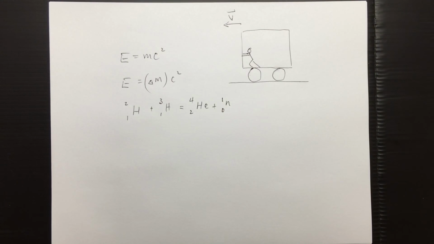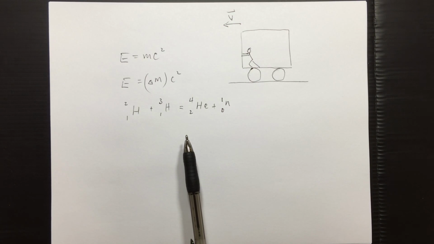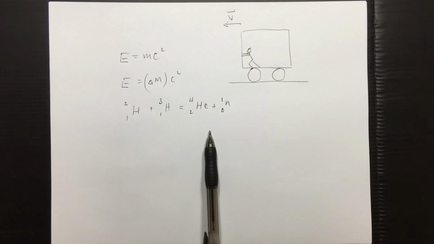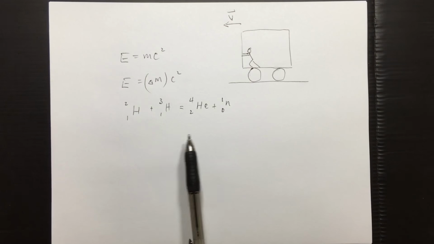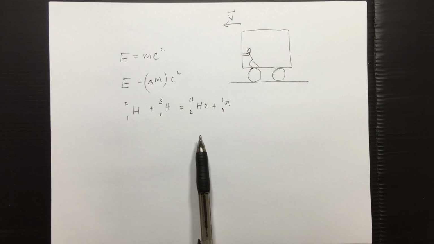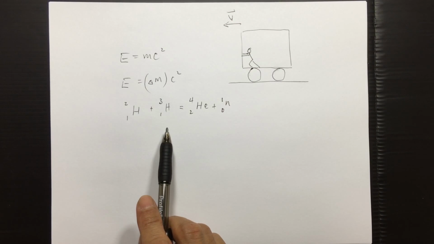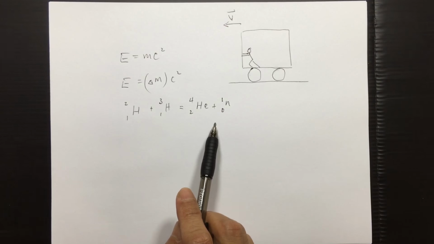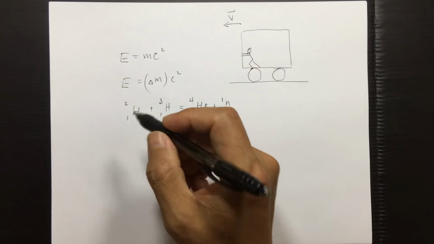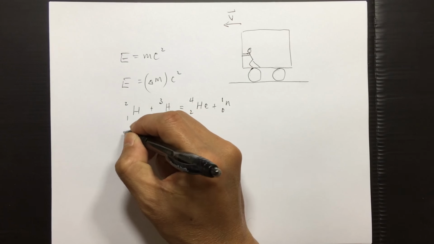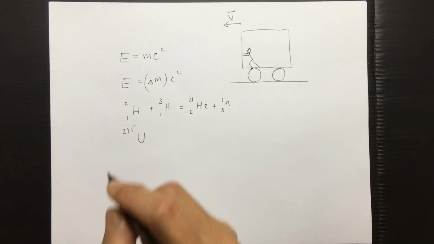This is how hydrogen bombs are made, because nobody has been able to make this reaction under control. So nuclear power plants are not made this way. They're made by splitting a heavy nucleus, like uranium.